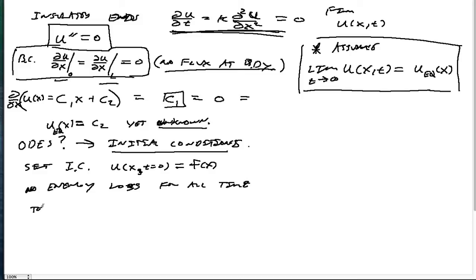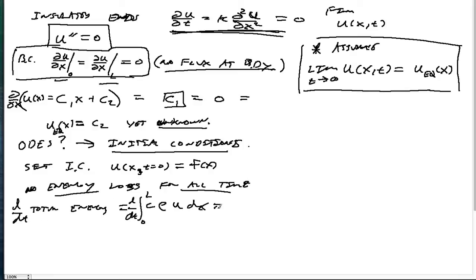So the total energy is going to be equal to, remember, the specific heat times rho times u integrated from 0 to L dx, right? And so we know there's no energy loss for all time, and that means the derivative of this is equal to 0.